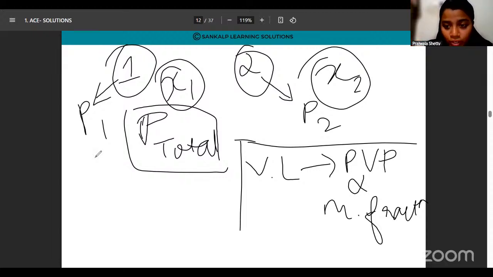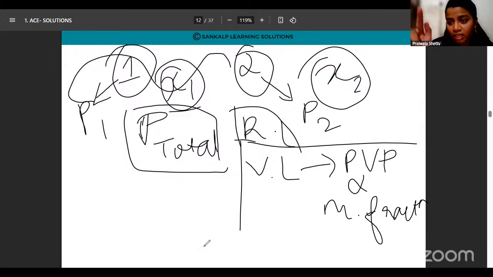The partial vapor pressure of each component of the solution is directly proportional to its mole fraction, X1 and X2. So remember this statement, which is very important again. You have to state Raoult's law. These relationships I'll tell you in further slides. As of now, you understand what P1, P2, X1, and X2 are.